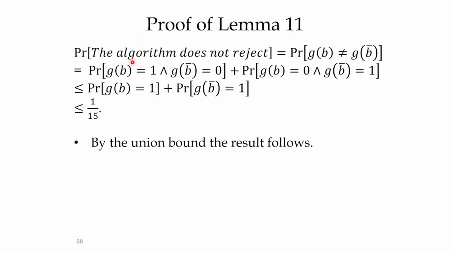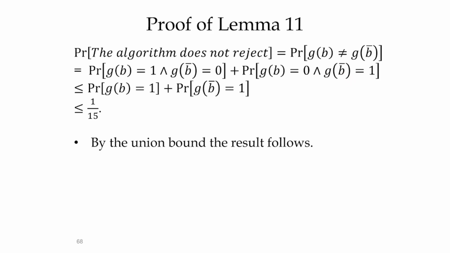the probability that the algorithm does not reject equals the probability that g of b is not equal to g of b bar, which equals the probability that g of b equals 1 and g of b bar equals 0, plus the probability that g of b equals 0 and g of b bar equals 1.